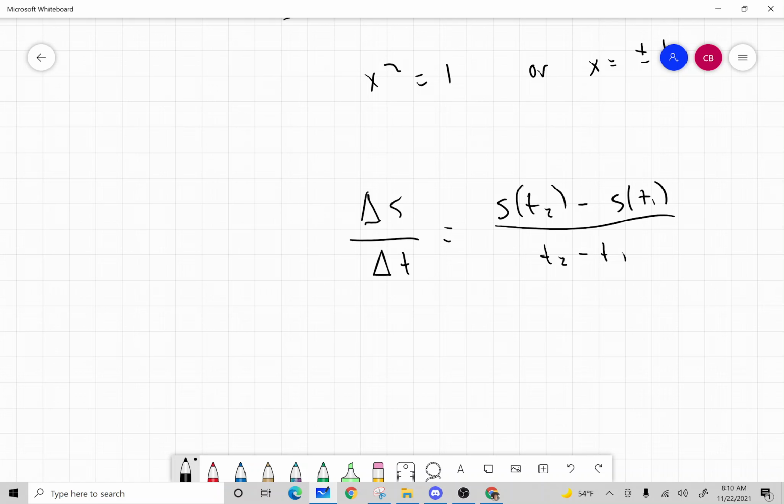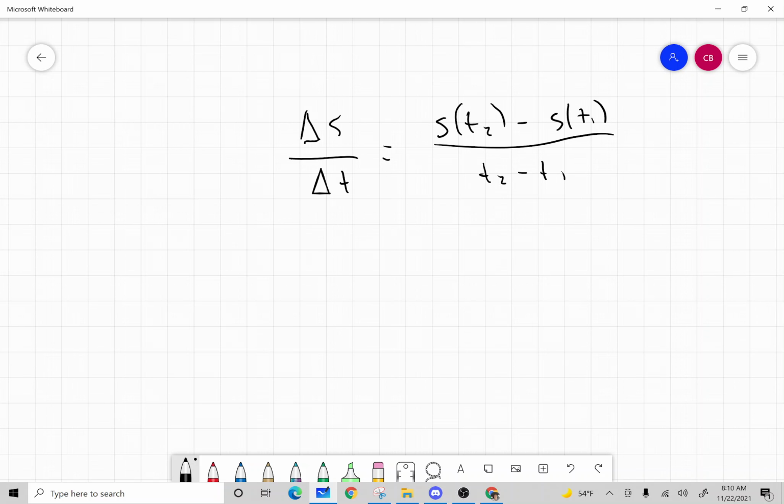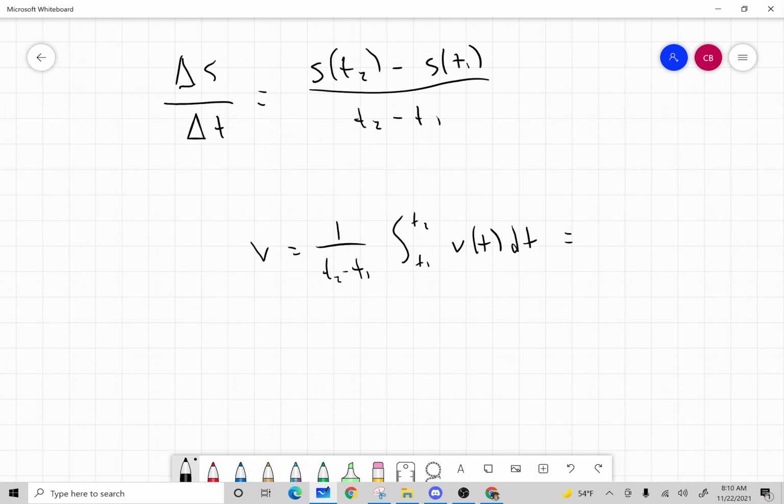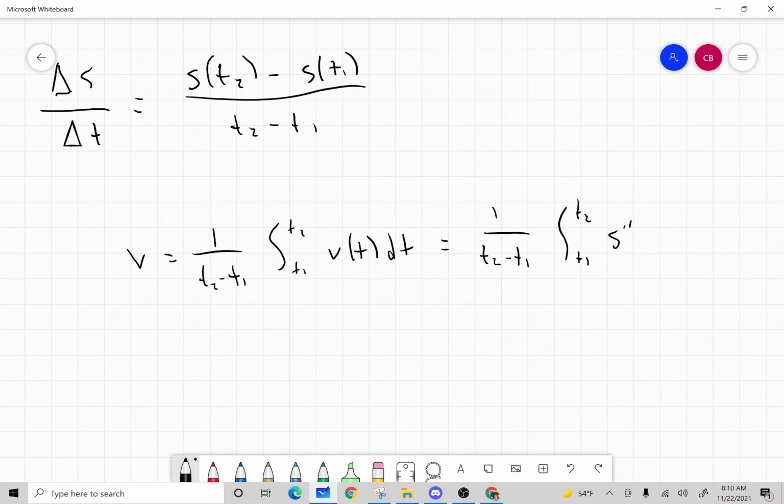And so we can find the average velocity, which is going to equal 1 over t2 minus t1 times the integral from t1 to t2 of the velocity v of t dt. And then this is actually equal to 1 over t2 minus t1 times the integral from t1 to t2 of s prime of t dt.